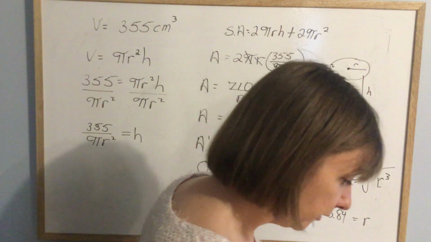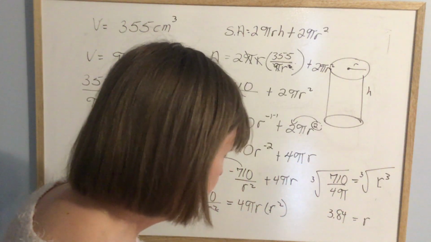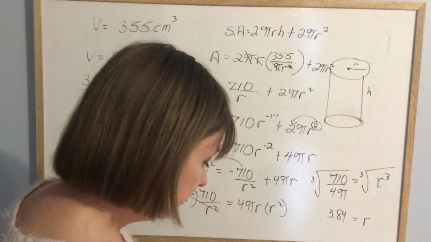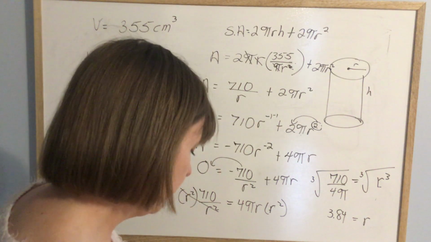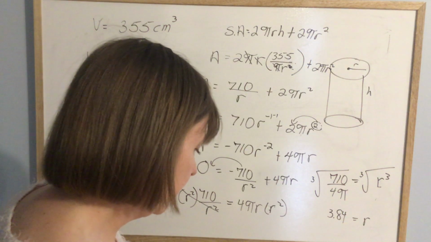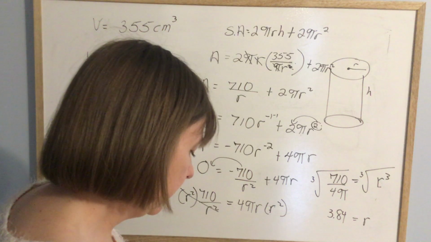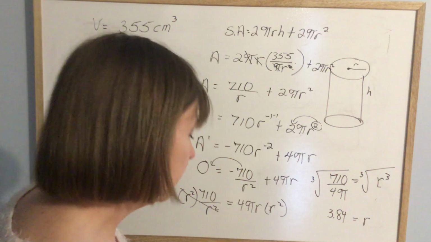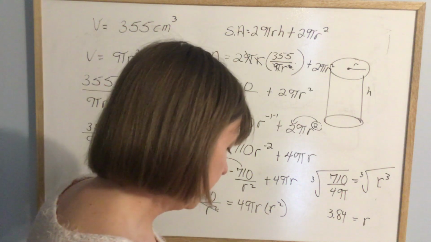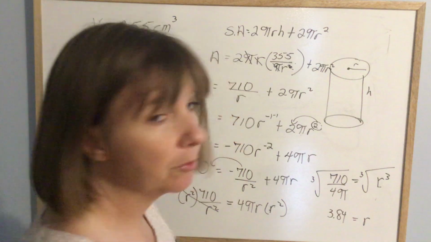Hold on. I did not get 3.84. Let's find out why. 710 divided by 4 pi. Oh, I think I did it wrong the first time. So the cube root of my answer, there we go, 3.84.